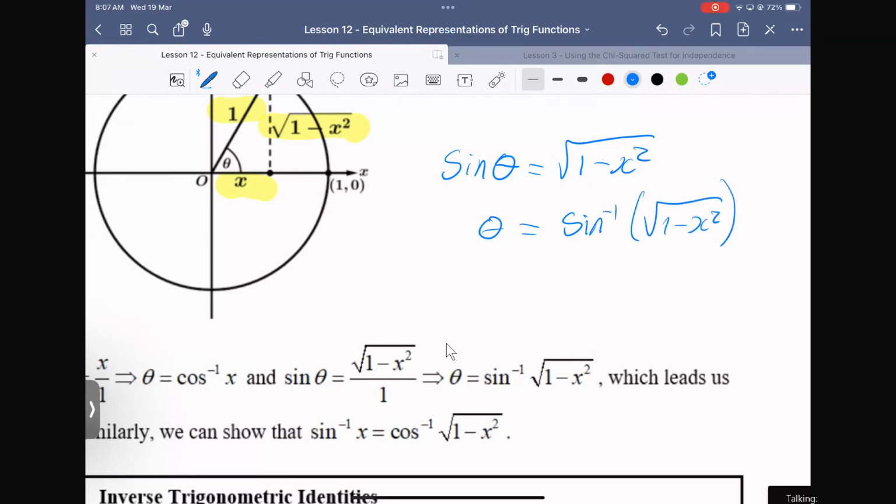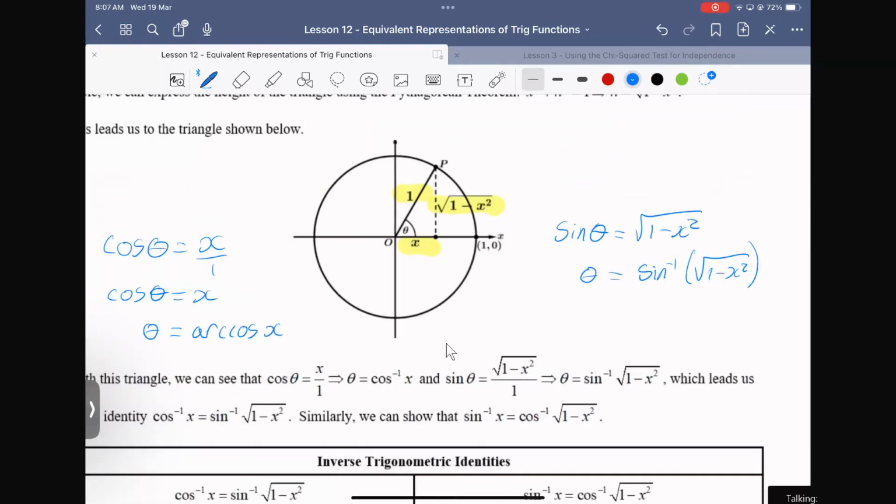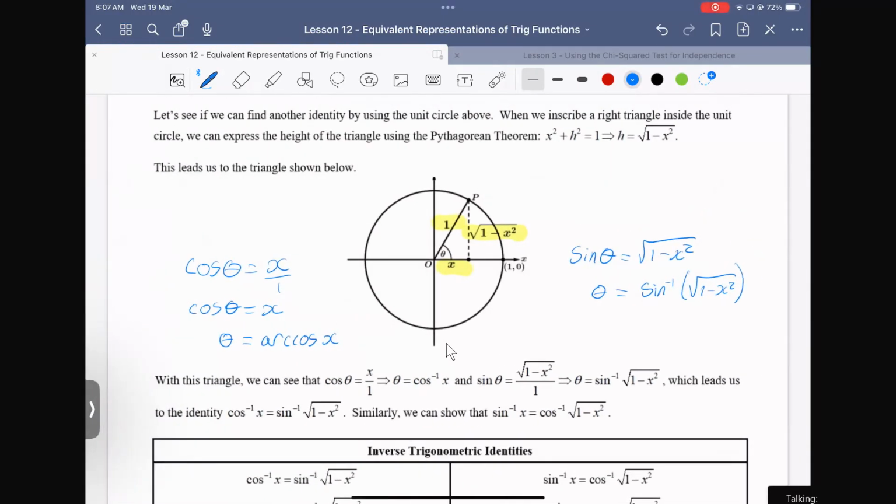This leads us to an identity: both of these are equal to theta, so we end up with arc cosine of x is equal to arc sine of root 1 minus x squared. And this lets us move between sine and cosine.